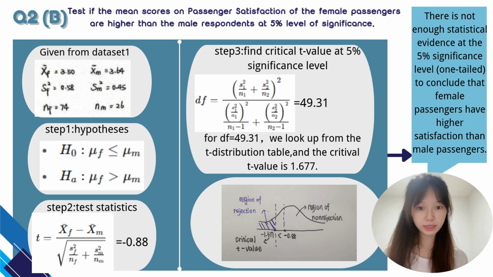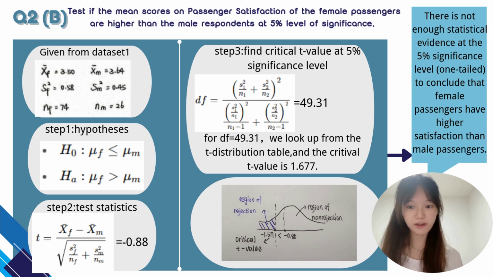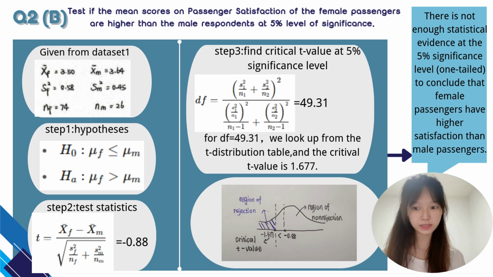Today I'm going to present question 2B. Test if the mean score on passenger satisfaction of the female passengers is higher than the male respondents at the 5% level of significance. Given the dataset, I calculated that the mean score of female passenger satisfaction is 3.5 and the mean score of male passenger satisfaction is 3.64.